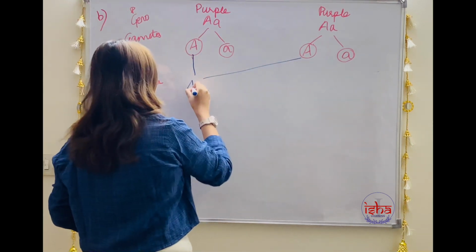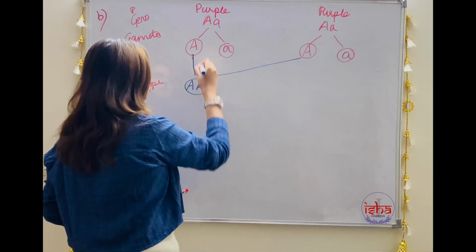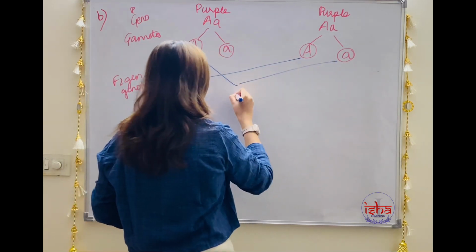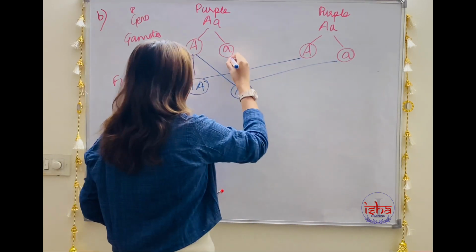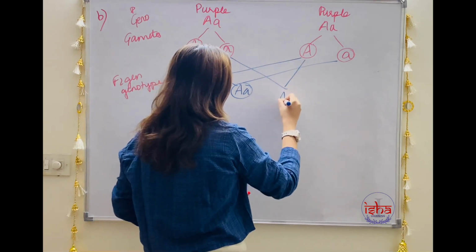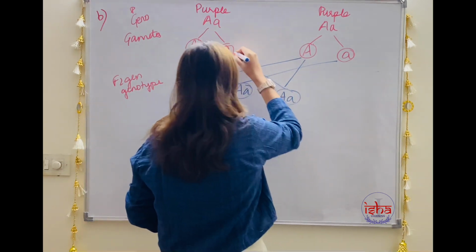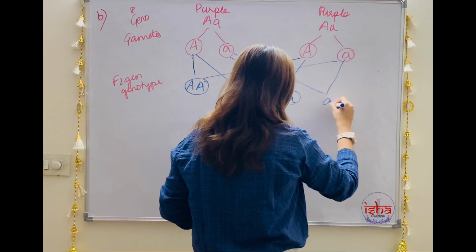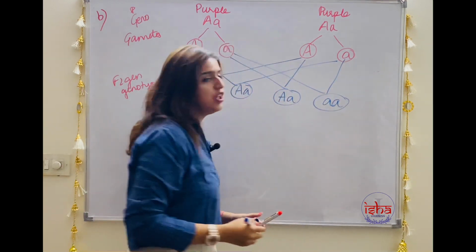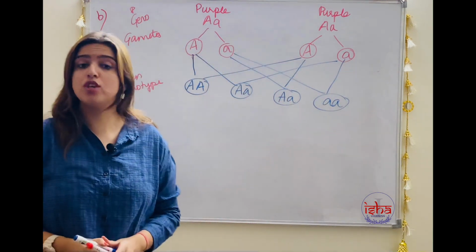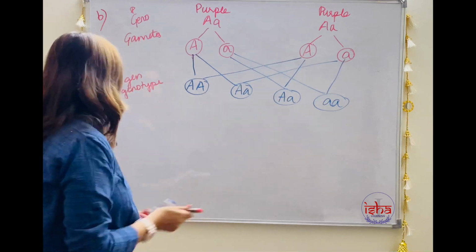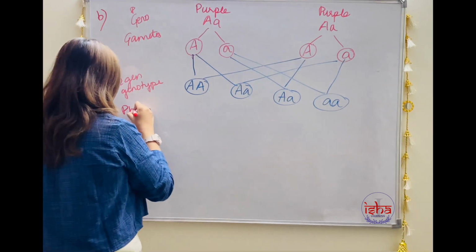So first is your capital A, capital A with this small a. The small a with this capital A, write the dominant one first, and the small a, small a. This is the genotype for the F2 generation. What is the phenotype for the F2 generation?